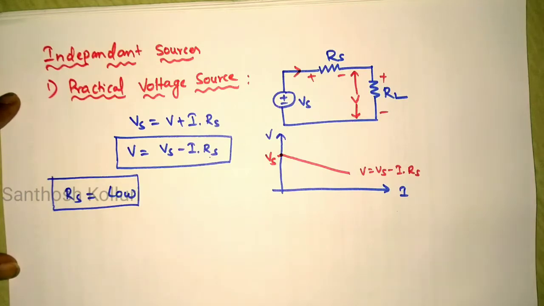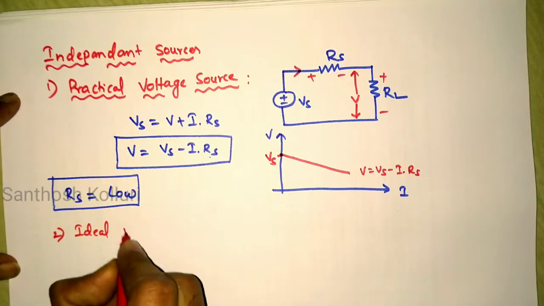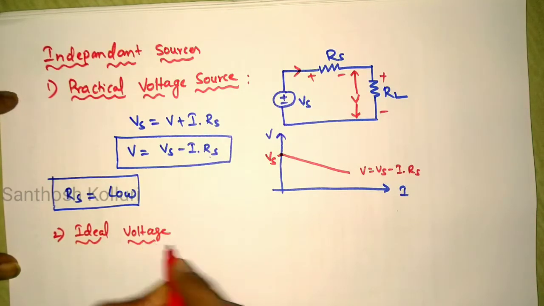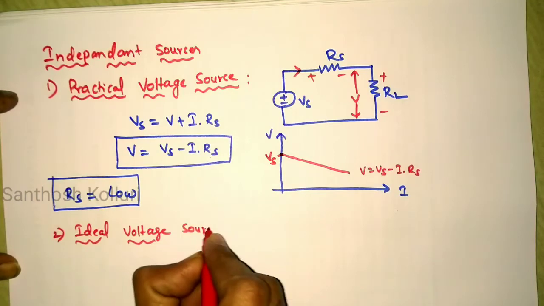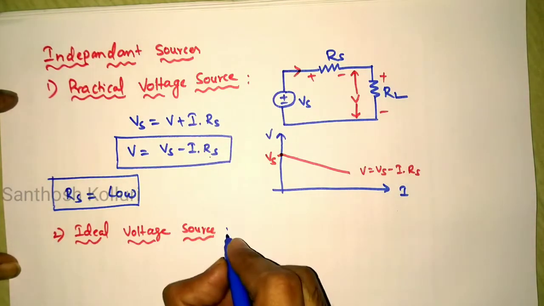Similarly, if I consider an ideal voltage source, it does not have internal resistance. So that means the value of Rs will be 0.